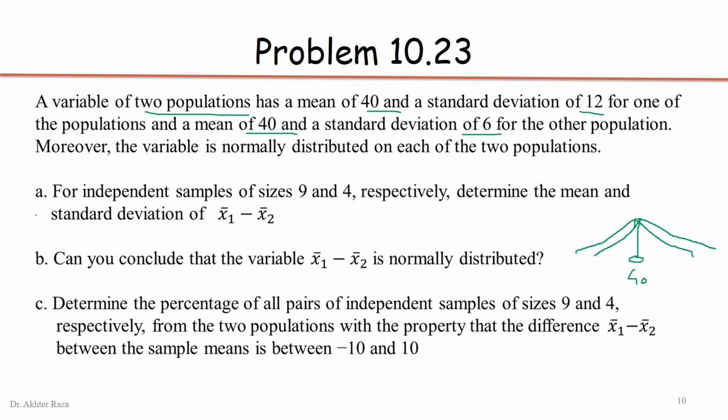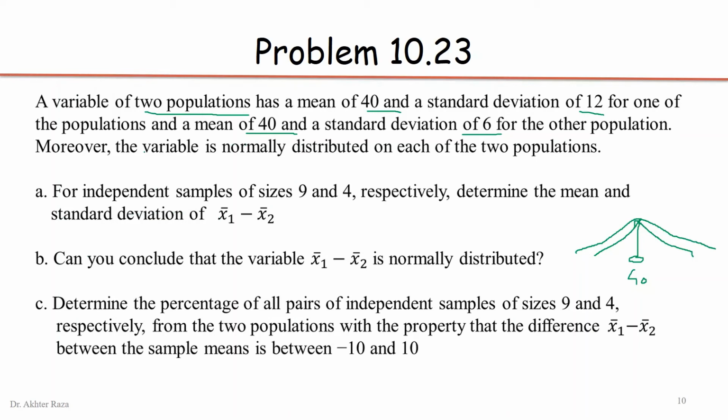What to do? For independent samples of size 9 and 4 respectively, determine the mean and standard deviation of the sampling distribution. So according to the theorem, the mean of the sampling distribution of the difference of the two means will be the same as the difference of the two population means.